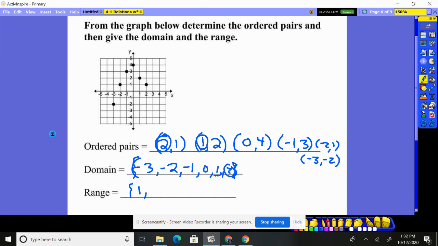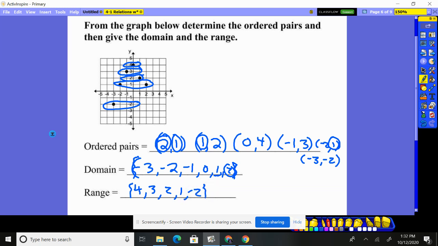So we can see, let's just do it that way. We can see the y has a value at 4, height of 4, height of 3, height of 2. At 1, notice that took care of the one that was here and here. And then there was one at a height of -2.